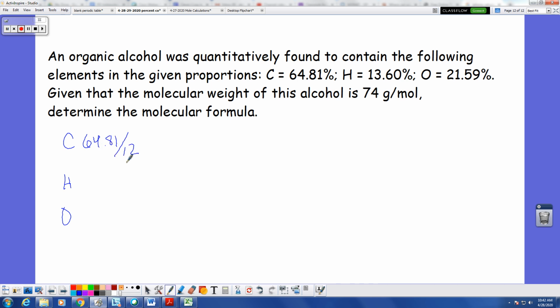64.81, we'll divide that by 12. 13.6, we'll divide that by 1. 21.59, we'll divide that by 16. 64.81 divided by 12 is 5.4. This is 13.6. This is 1.35.